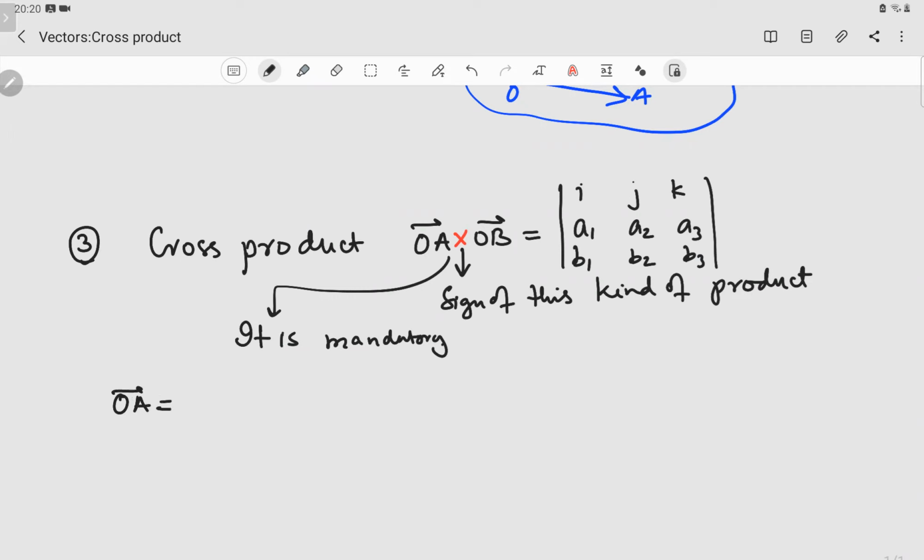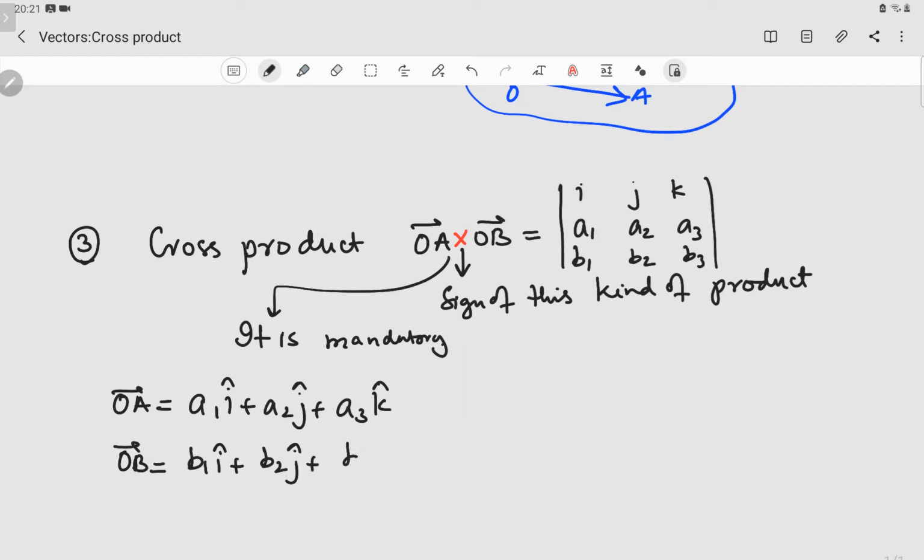OA is equal to A1I plus A2J plus A3K, and OB is equal to B1I plus B2J plus B3K, okay? Or I can write them like this: A1, A2, A3 and B1, B2, B3. So A1, A2, A3 are the components of the vector OA, and B1, B2, B3 are the components of the vector OB.